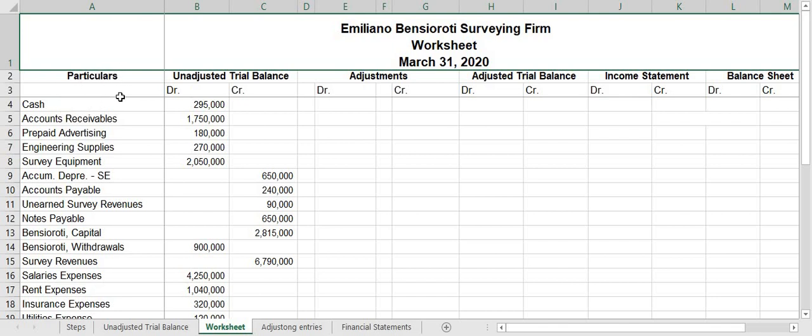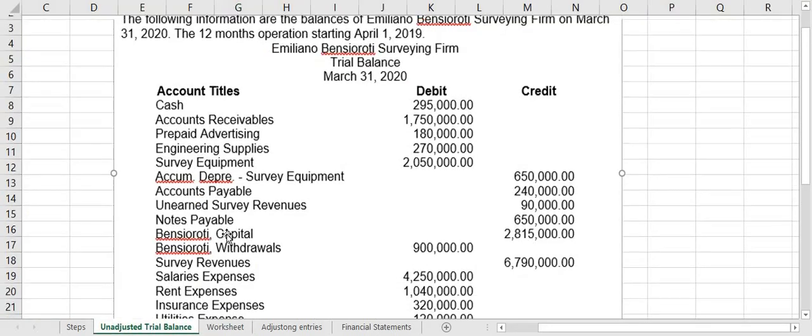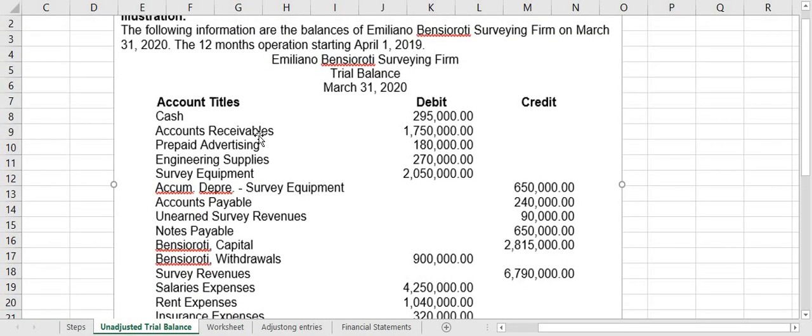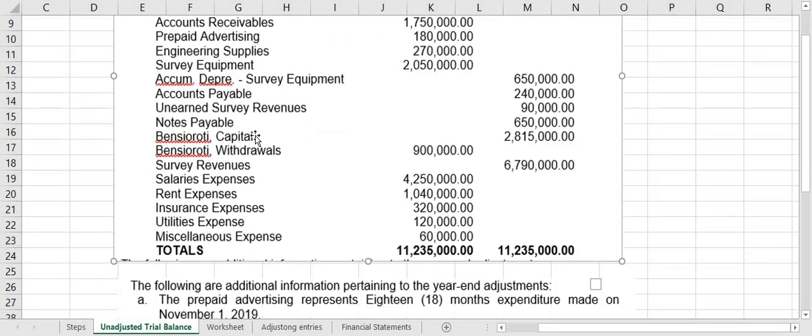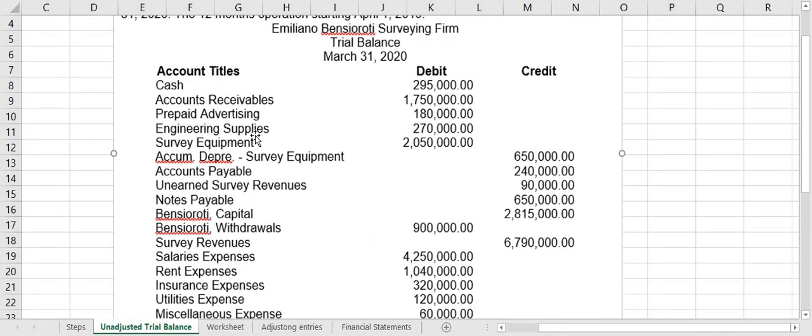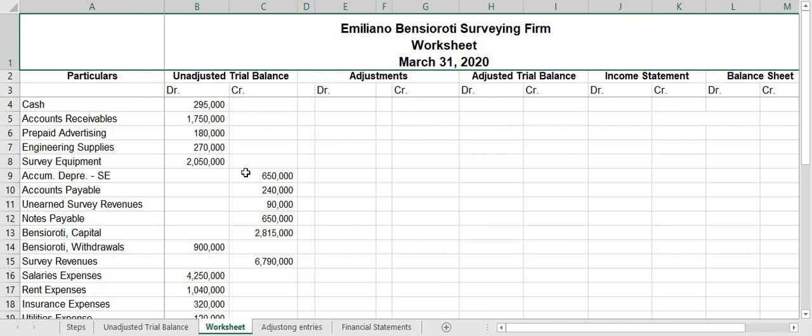So, you have cash, accounts receivable, and so on and so forth. Again, the account titles in the particulars is also based on the unadjusted trial balance. So, we just copied whatever is in the trial balance to the beginning columns of the worksheet. Transferred.